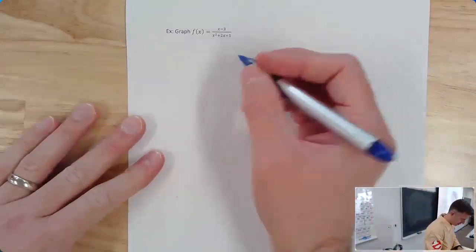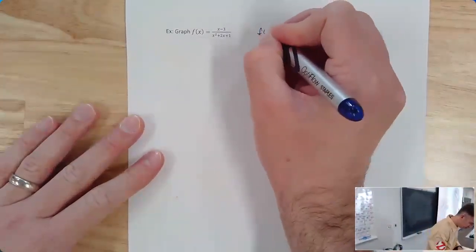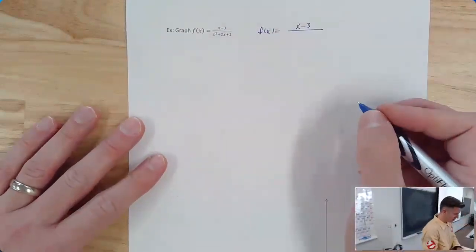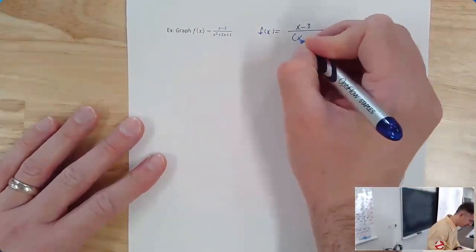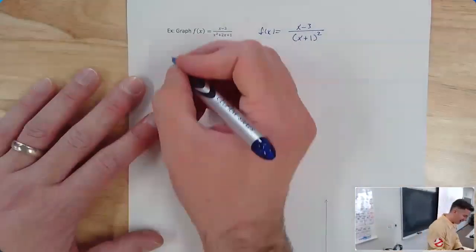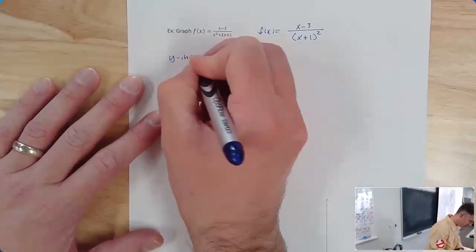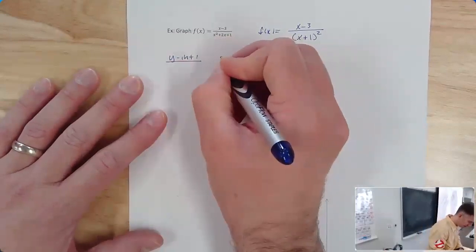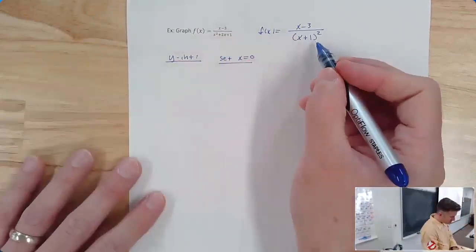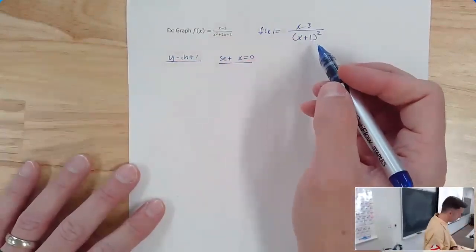We could totally factor this. This is equal to x minus 3 over x squared plus 2x plus 1 factors as x plus 1 times x plus 1, or x plus 1 squared. If I was doing the y-intercept, where I set x equal to 0, not that it's a whole lot harder to do it for the second one, but I think it's easier to plug it in here.